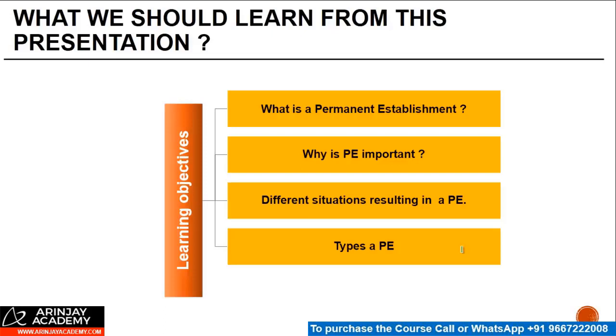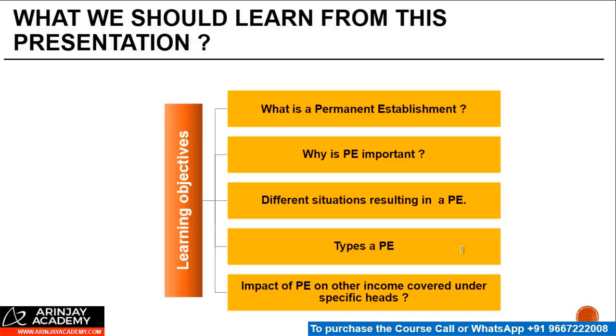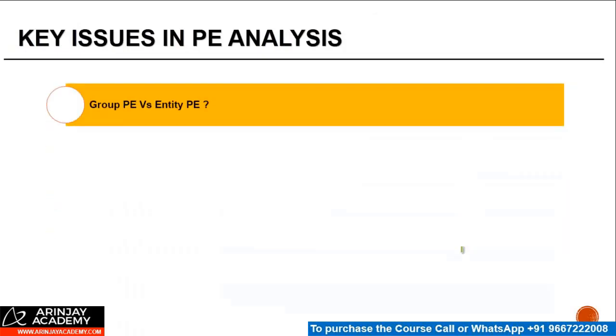Whether it's a service PE, construction, installation, fixed place, agency. Impact of PE on other income covered under specific heads. Key issues: whether the PE has to be seen vis-a-vis the entire group activity, or only the activity of the PE is to be considered vis-a-vis the enterprise of which it is supposed to be a PE.